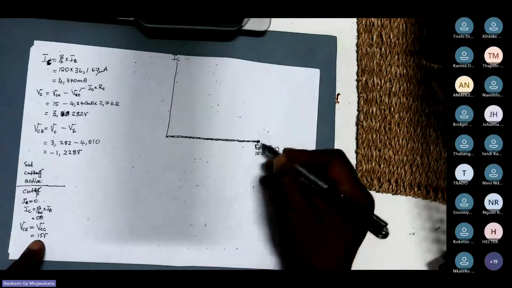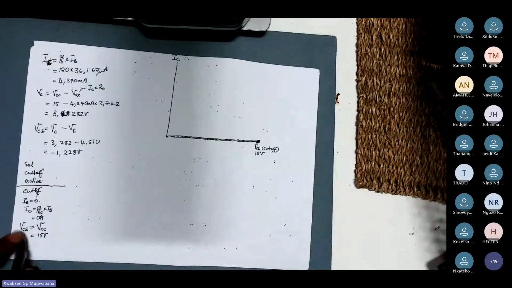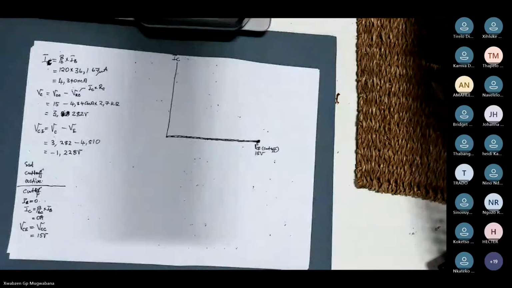Which means your VCE in this case is 15 volts. When your VCE is equal to your VCC, that is your cutoff region. Any question?